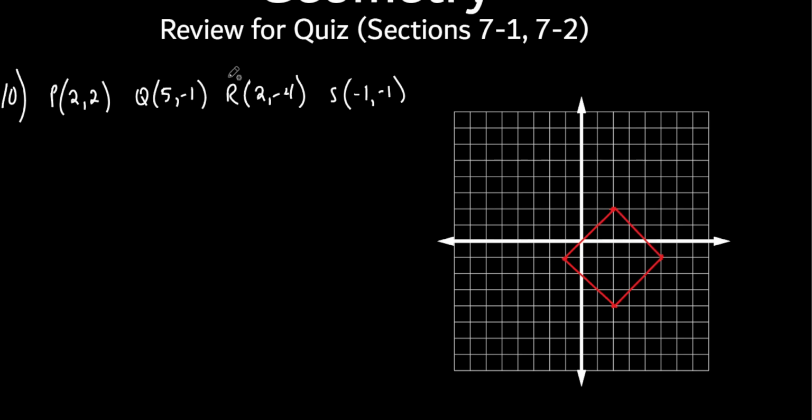What's something else I know about a square? We did this in the last chapter. What about the diagonals, right? What do we know about the diagonals of a square? They're equal to each other, okay? Aren't they? So really, if I can just show the diagonals are equal to each other, then I can say it's a square.